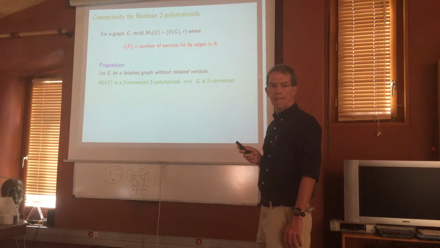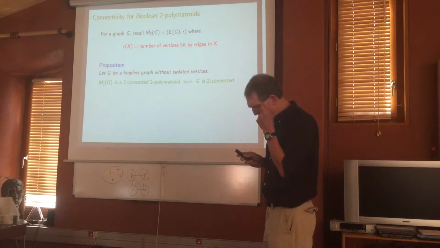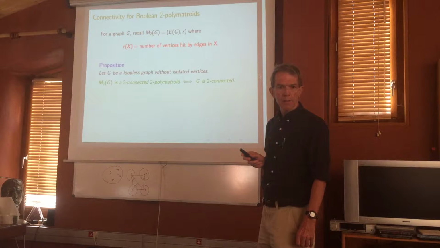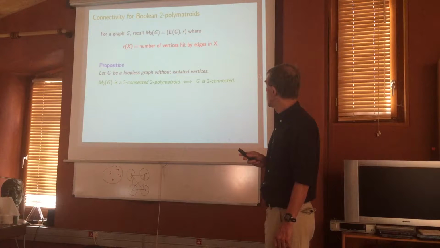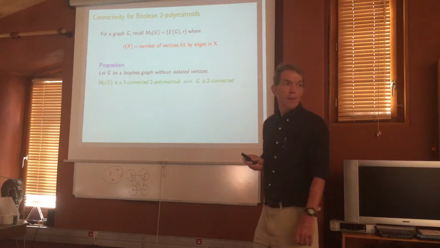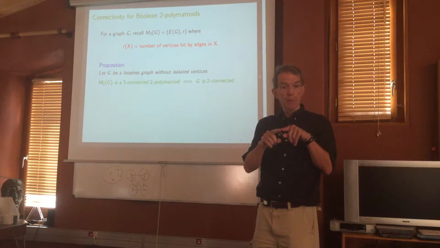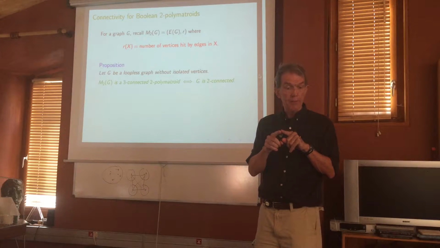Why do you need loopless in there? I think you run into trouble if you put loops in bad places. Aren't loops just vertices? Basically. And the syntax. But two-connected graphs are allowed to have loops. It's just, if you put a couple of loops at the same vertex, that would give you a problematic situation.